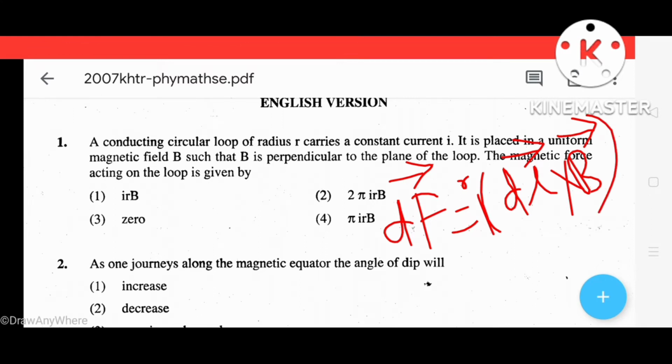Similarly, all forces acting on diametrically opposite elements will cancel out in pairs. The net force on the loop will always be equal to 0. That is, option number 3 will be the correct one.